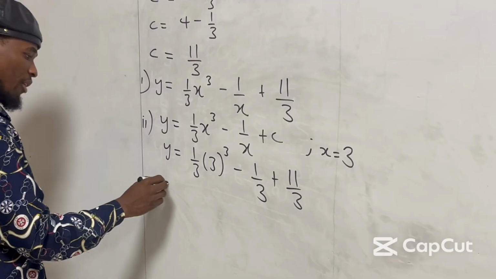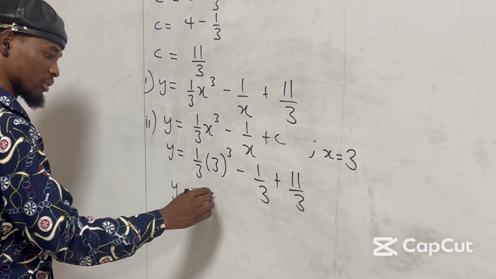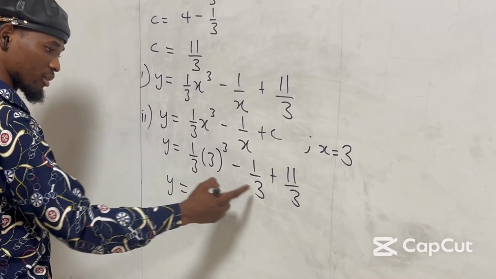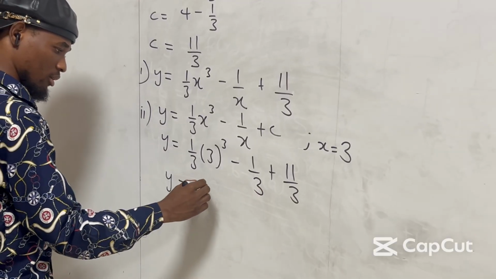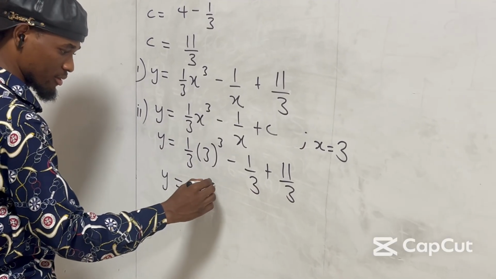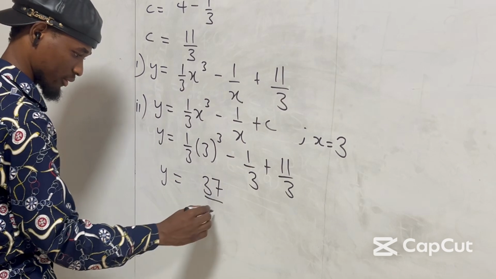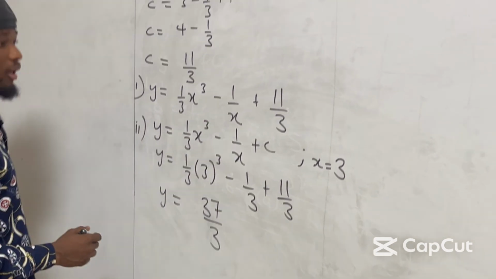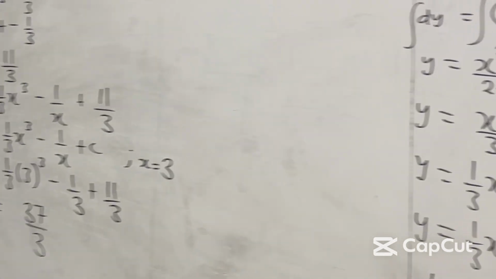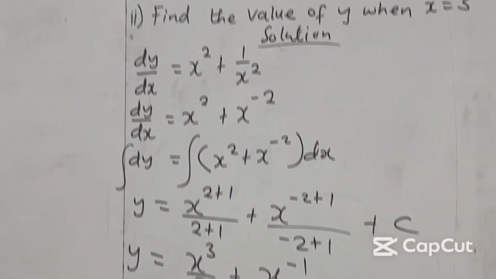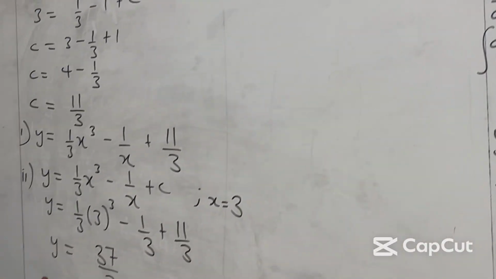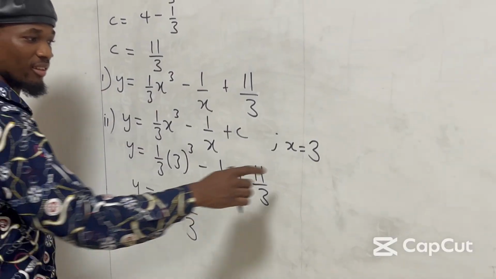So therefore y is equal to, when we compute this, 37 on 3.